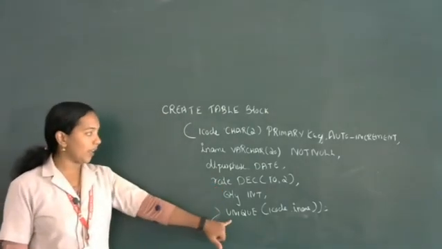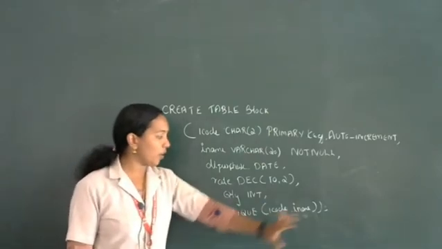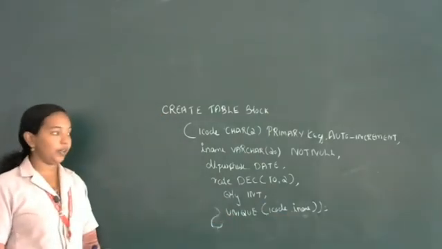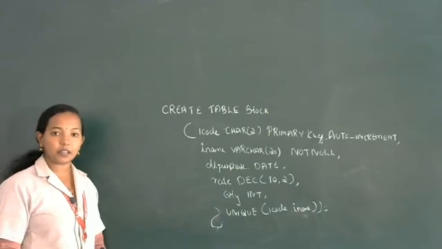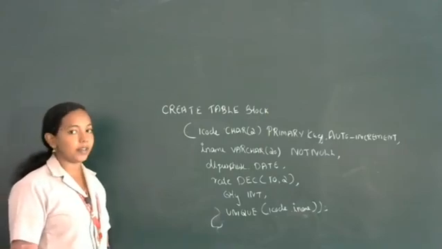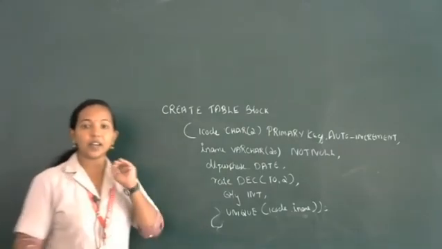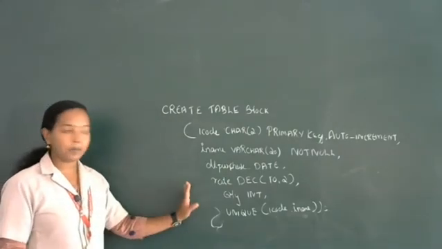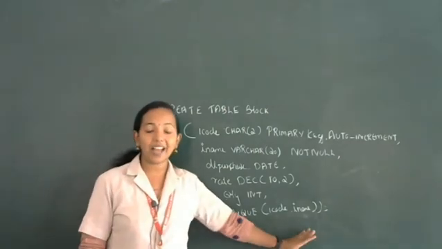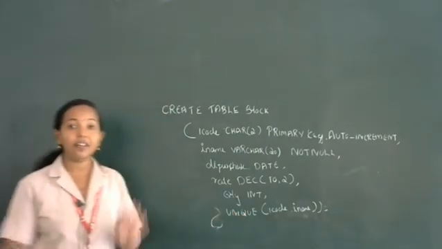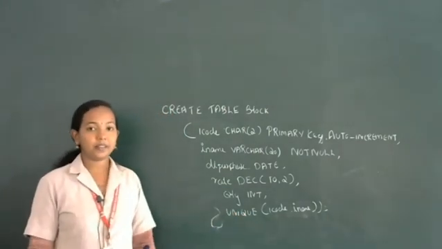Then look here. Unique iCode, comma, iname. What does this indicate? Unique is a column constraint, but here we are applying it as a table constraint. That means in this table, the item code and item name should not have the same values. Clear?